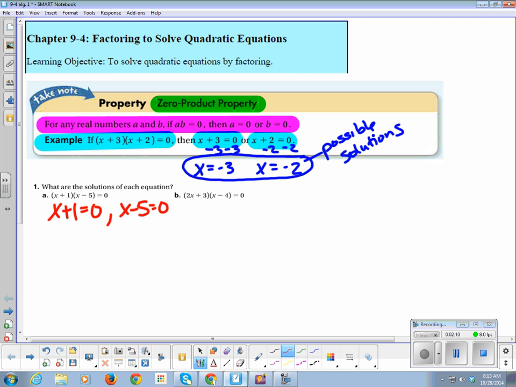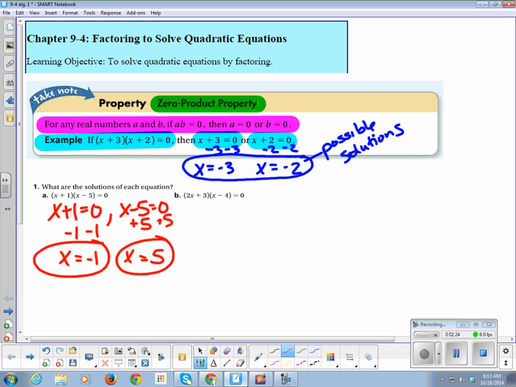So we're going to solve: x equals negative 1 is a solution. And x equals 5 is a solution. Both of those are required to be correct.